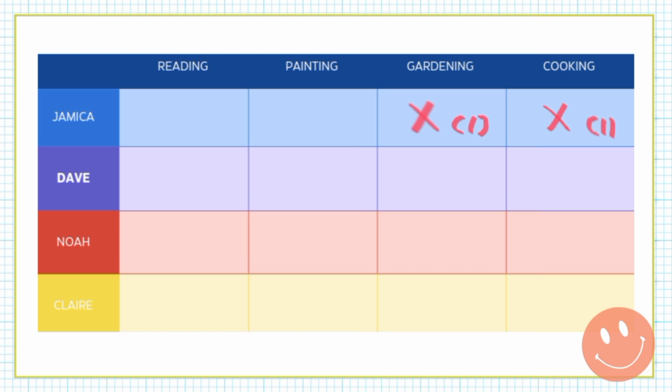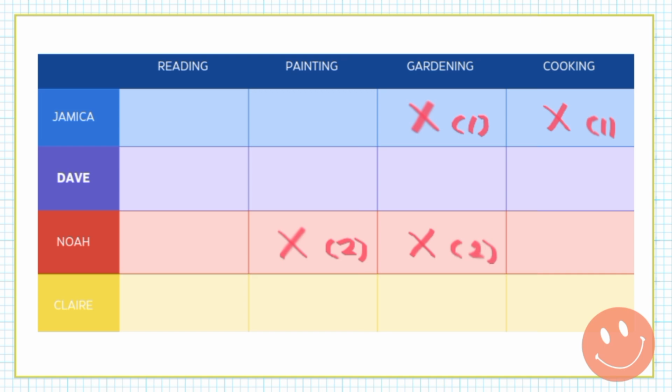So if Noah cannot enjoy painting, we put an X in the intersection of Noah and the painting, and this is from clue number 2. And since Noah's neighbor enjoys gardening, Noah cannot enjoy gardening either. So we put an X also in the intersection of Noah and the gardening, also from clue number 2.